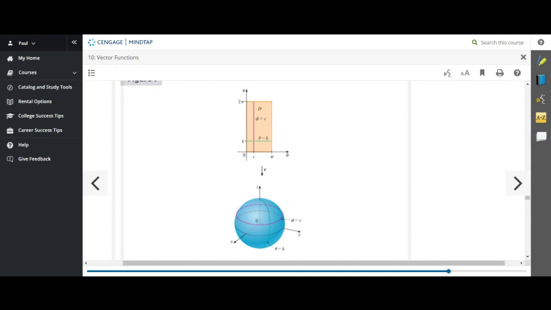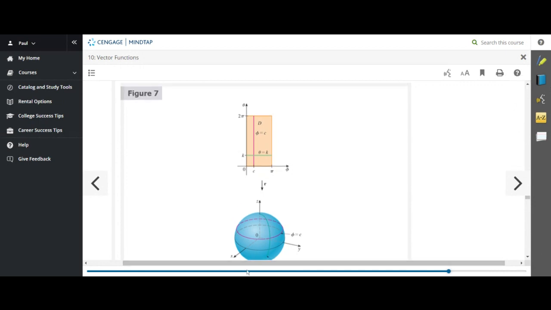In the first picture there with the rectangle, the horizontal axis is phi, and the vertical axis is theta. Maybe I'll make it show full way here.